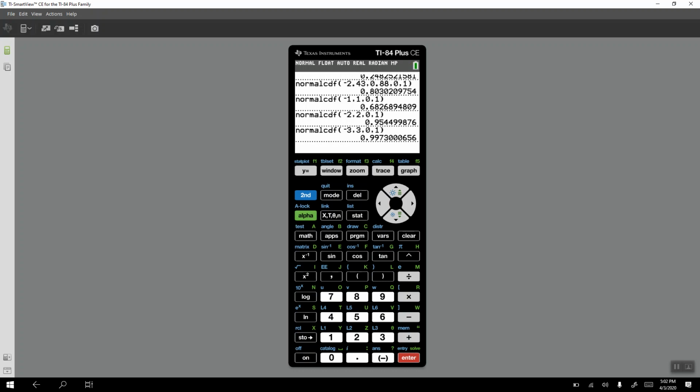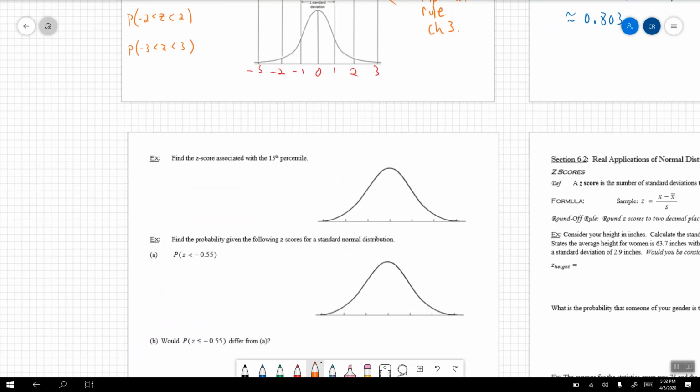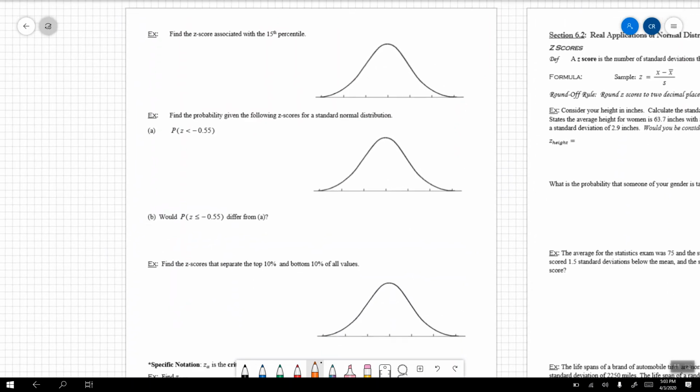So this then tells me that using the empirical rule as an approximation, that was actually really good. But now we have a better method, which is using the normal distribution. Awesome. So that was my little fun fact as to how to tie in the empirical rule with the normal probability distributions. Awesome. Now we're going to work on different examples down here.